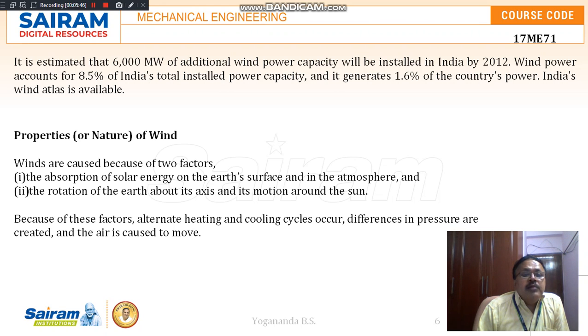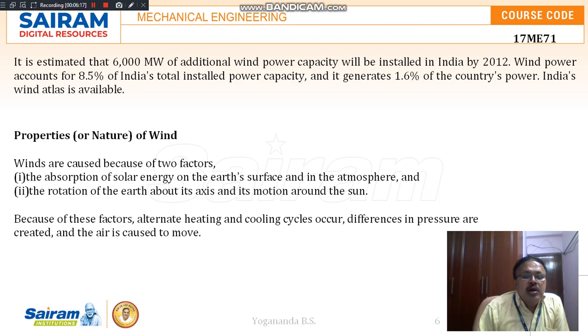Then coming to the properties of the wind. Wind is caused mainly because of two factors: the solar energy getting absorbed on the earth's surface and in the atmosphere, and the rotation of the earth about its own axis and its motion around the sun.